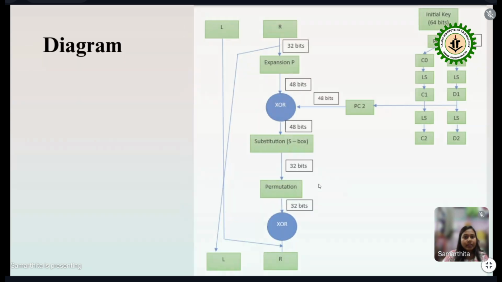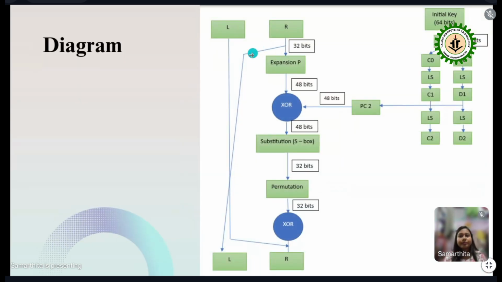This is our second diagram, and now see the LPT and RPT. This is the left plain text and this is the right plain text, and here is our initial key, and these portions I have already explained. Now after the initial permutation, the 64-bit message goes into round 1.